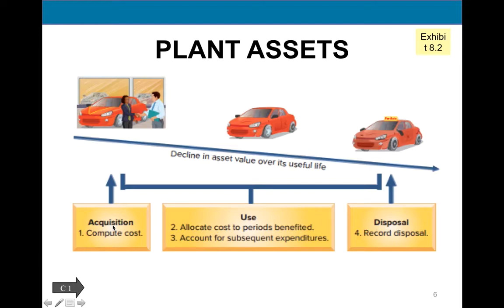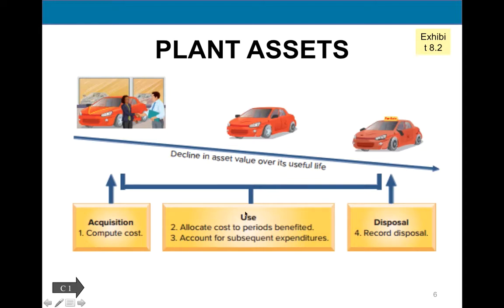What about additional expenditures? And also, what about future expenditures? What if we have to change oil? What if we have to change the engine? What if we have to put on new tires? Are those going to become expenses, meaning expensing them out completely in the period the expense is incurred? Or are they going to add to the original cost of the car?